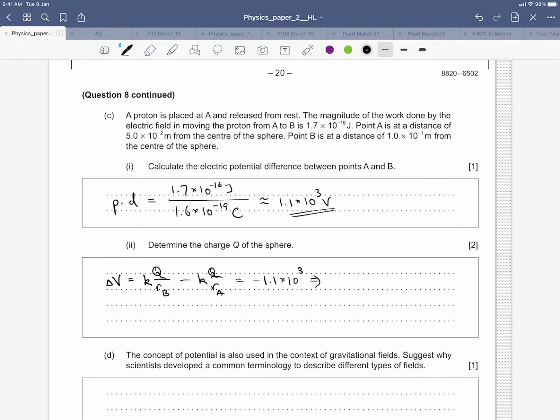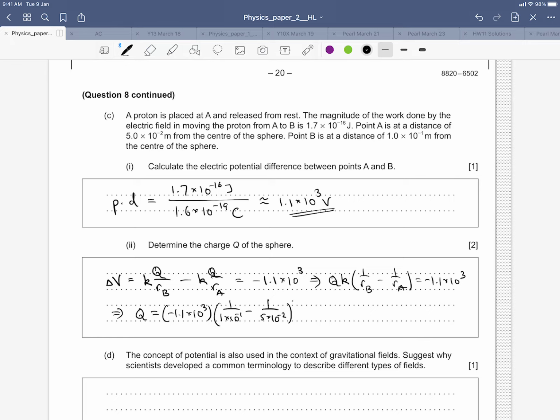From this I can get Q. I can take kQ outside of a bracket, and then I just need to do the math and rearrange to get Q. Okay, RB is 1 times 10 to the negative 1, RA is 5 times 10 to the negative 2, smaller, so that fraction is bigger, so I'm going to get negative times negative.